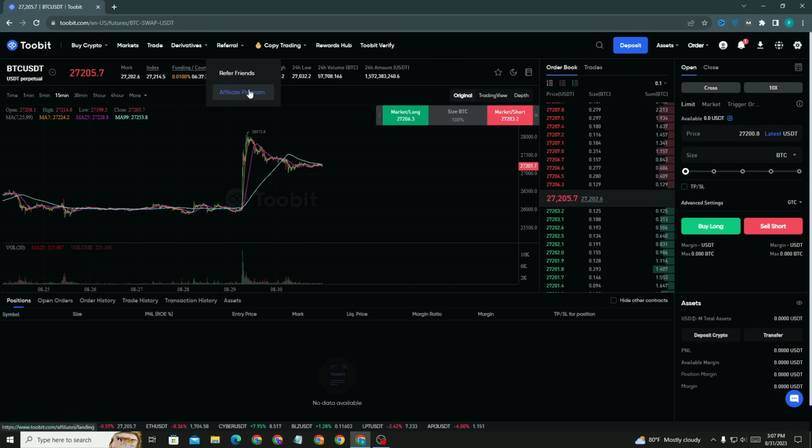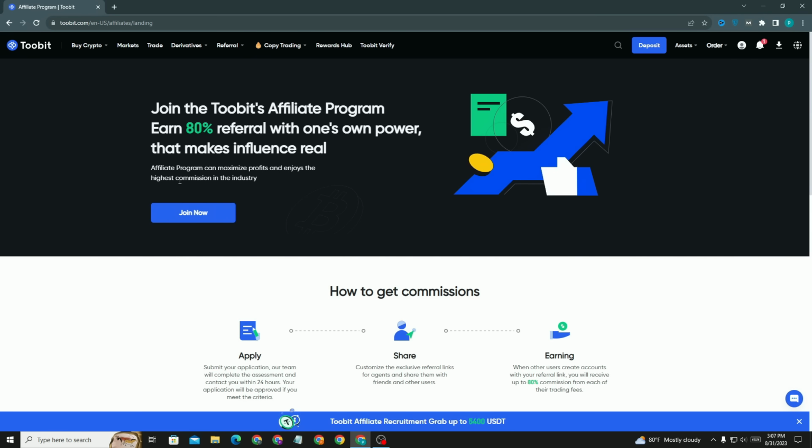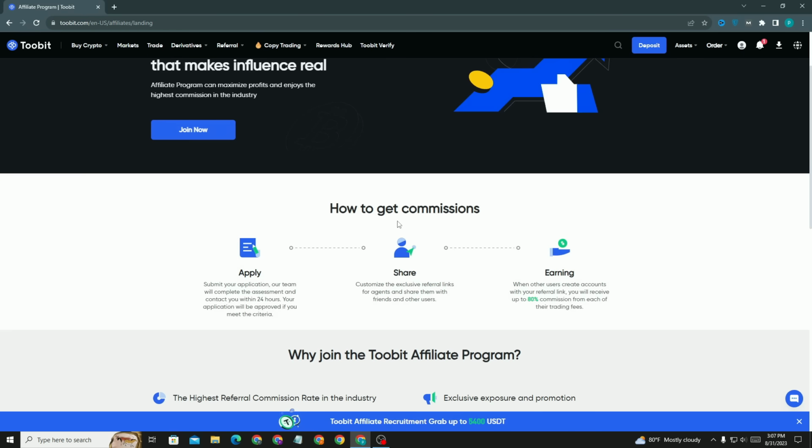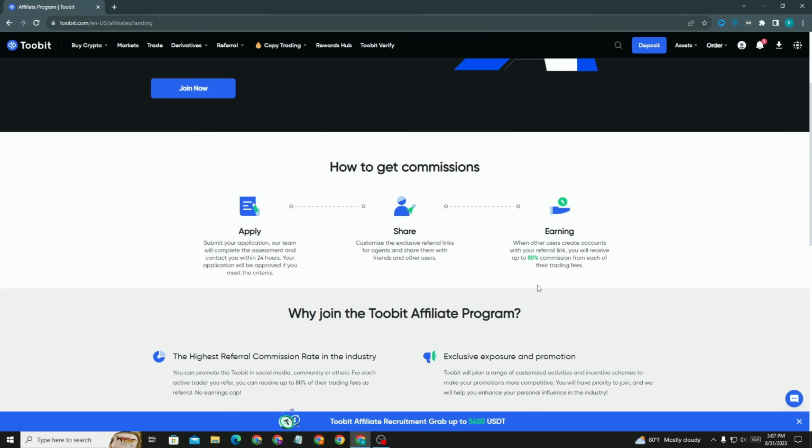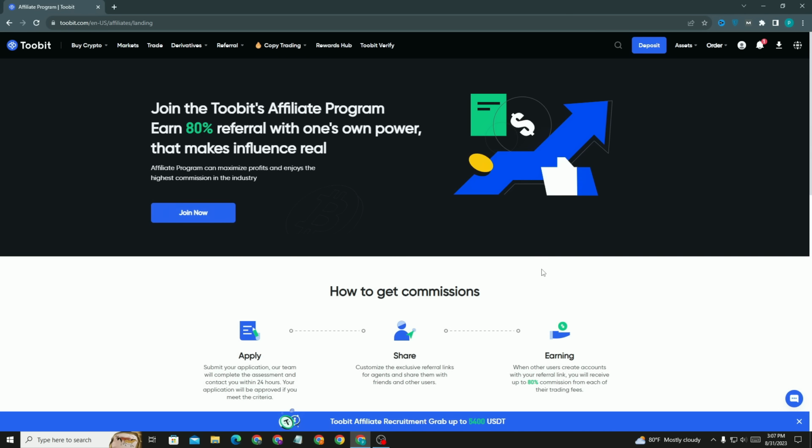So here you can see for the referral, you can join the affiliate program also. You can simply join the Toobit affiliate program and earn up to 80% referral with one's owner power. That makes influence real. So to get commission, you need to apply, then after you need to share, then after you can simply earn from the affiliate program of Toobit.